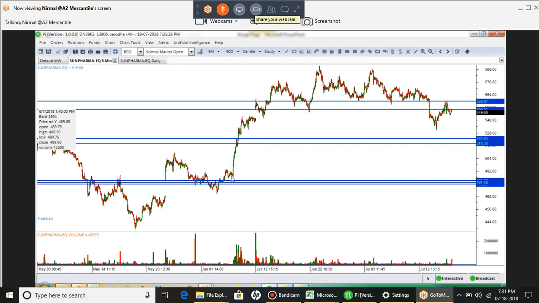When it is going up, it started forming some supports, which we can also say are significant levels.